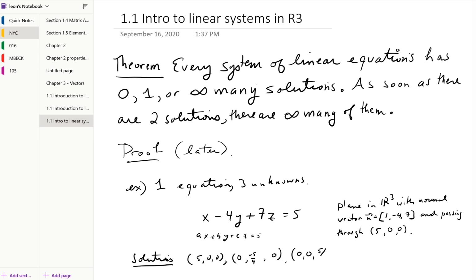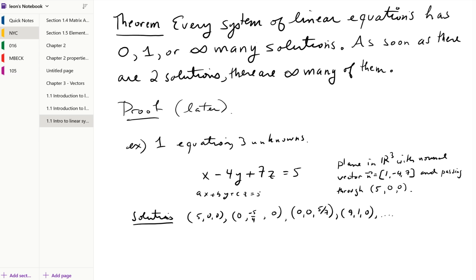And now it's 5 over 7 for z. And I can keep going like this. 9, 10 is also a solution, you see. But my point here is, look, as soon as I see 2 solutions, then I know there are going to be infinitely many. This is what I partly wanted to illustrate.